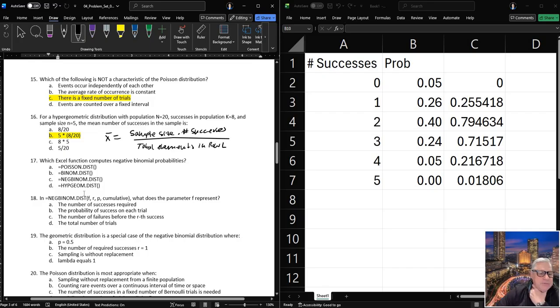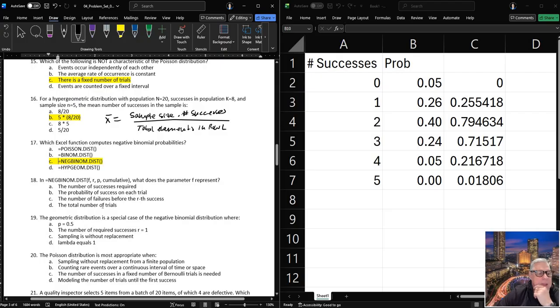Okay, which Excel function computes negative binomial distribution? Okay, that's obviously NEGBINOM.DIST. In NEGBINOM.DIST, what does the f parameter represent? Well, that's the number of failures before you get to the number of successes. We can always double check with Excel.